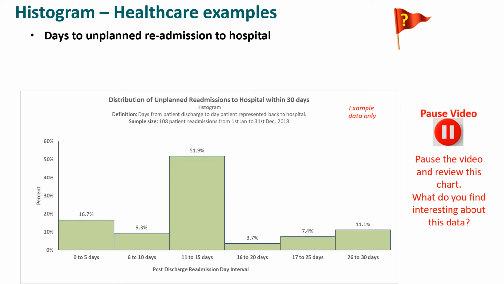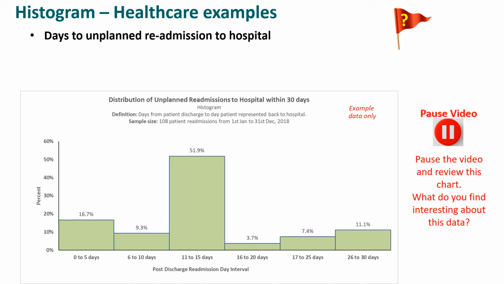This next histogram is looking at unplanned readmission to hospital. The y-axis in this case is percentage, and the x-axis is looking at post-discharge readmission day interval, in 5-day intervals. It's a large data set, which is 108 patient readmissions from a year's worth of data.